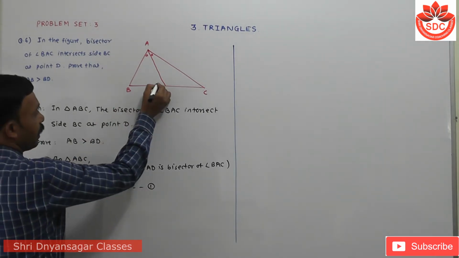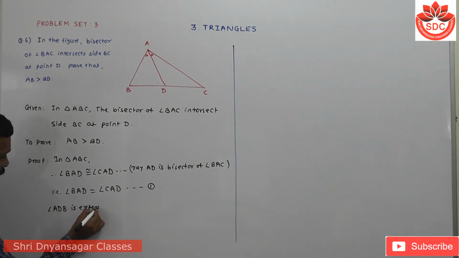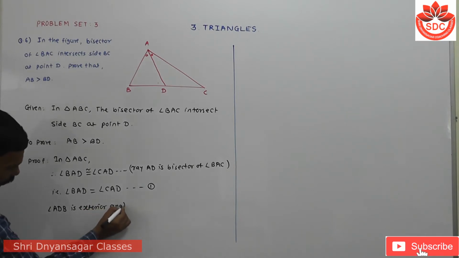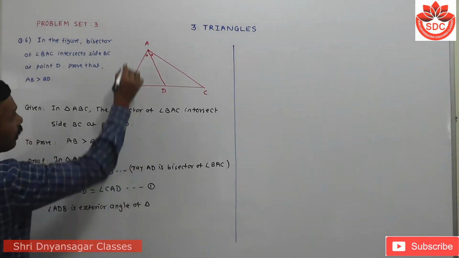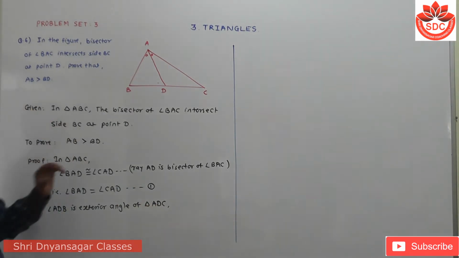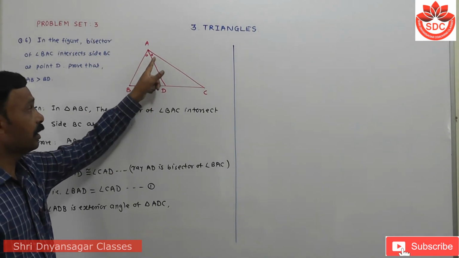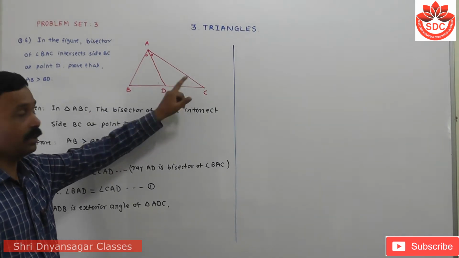Observe carefully this angle ADB. Angle ADB is exterior angle of triangle ADC. All of you know that this exterior angle is always greater than its remote interior angles. This is the theorem.